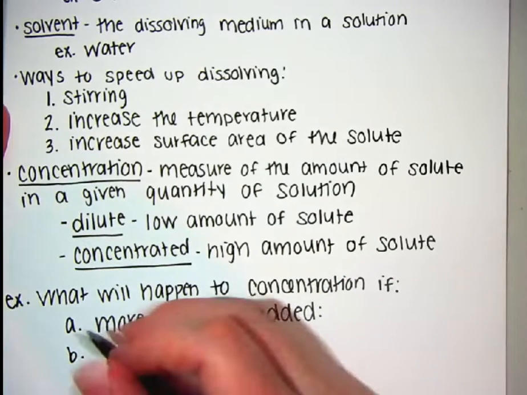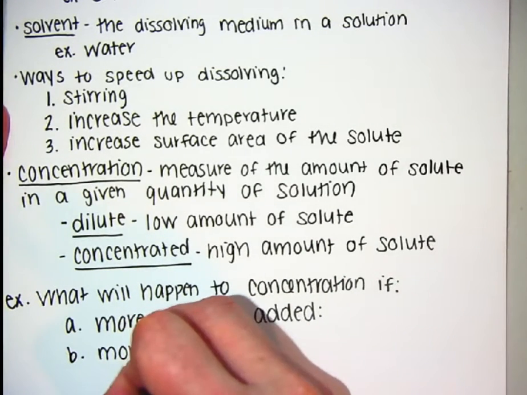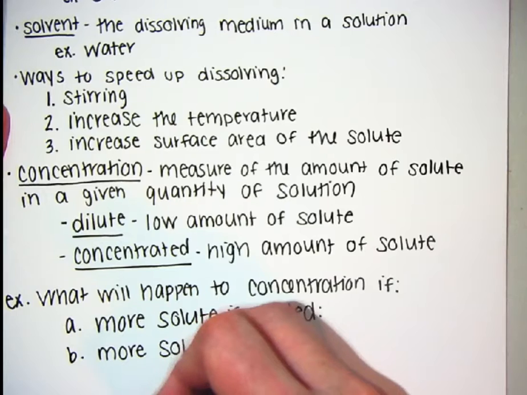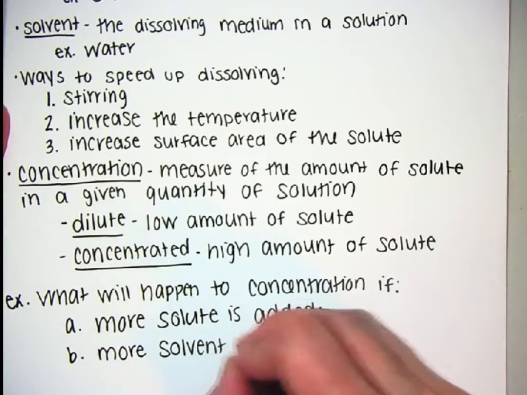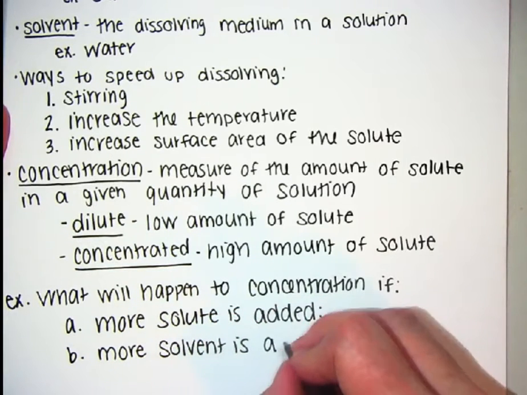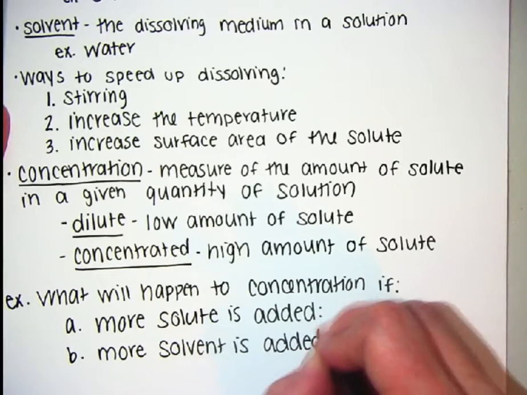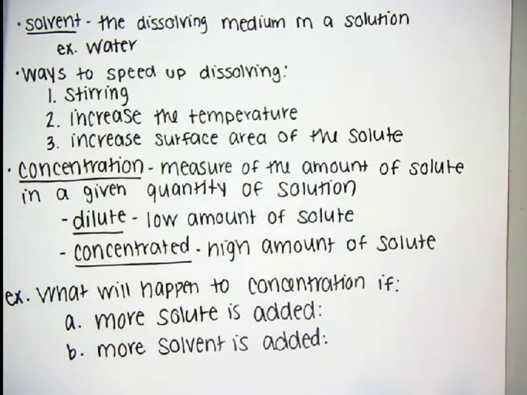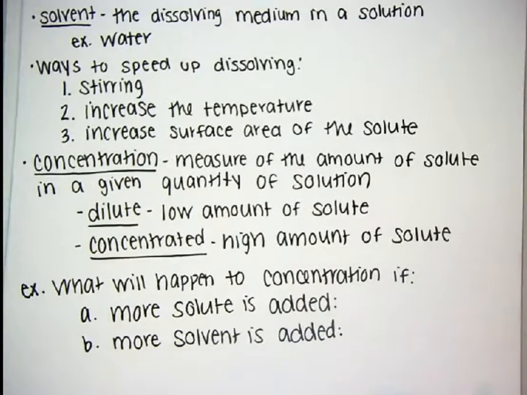Or B, what if we increase the solvent? So take a second and think about both of those scenarios and tell me what will happen to concentration. Will concentration increase or will it decrease?